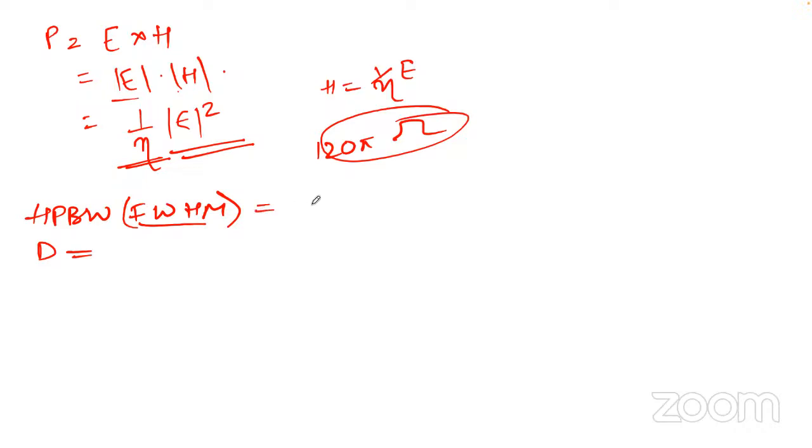This is for the half power beamwidth, sir. Yeah, half power beamwidth is 1.22 lambda by D. For directivity D, the hint is it is proportional to the area. 4 pi by lambda square into area.